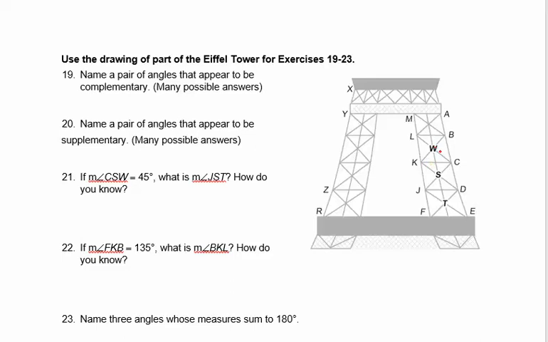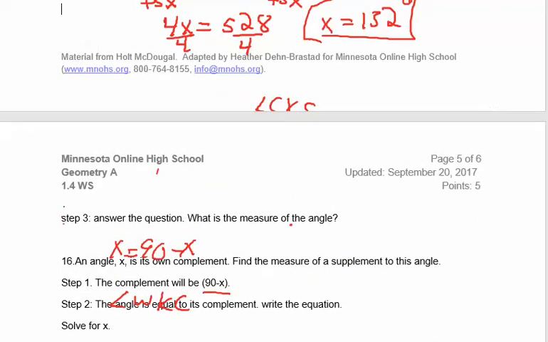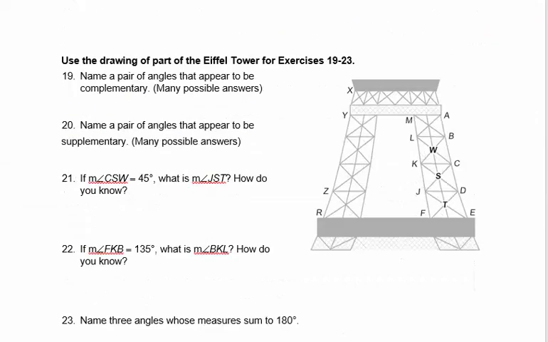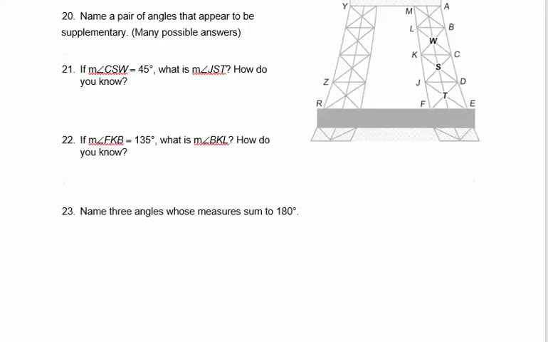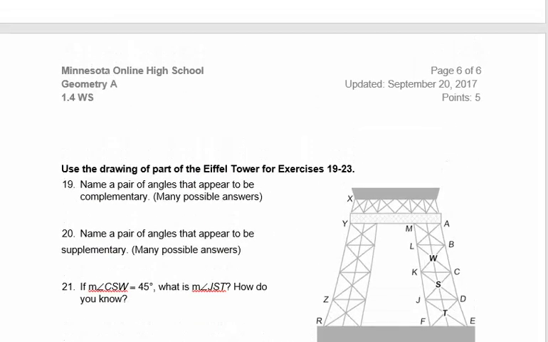So that means that WKC, and let's see, that's this angle, and the angle next to it would be angle CKS. I don't know why that erased, but those two angles would be complementary. And then supplementary is if they add up to be a straight line, and then you'll answer some more questions about that. So let me know if you get stuck in any of these.